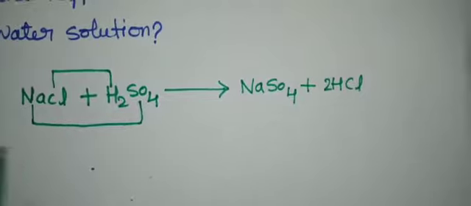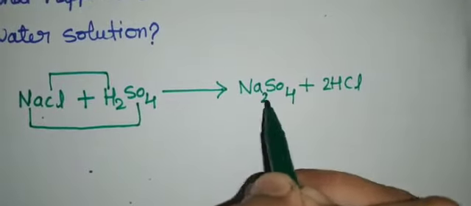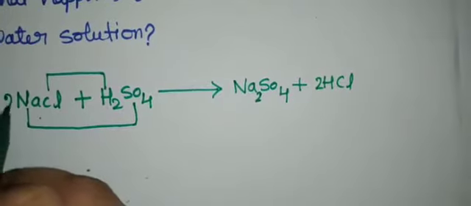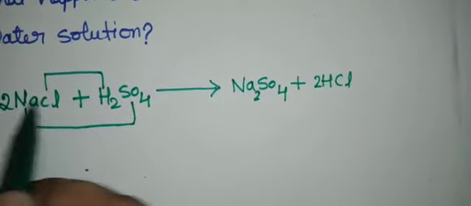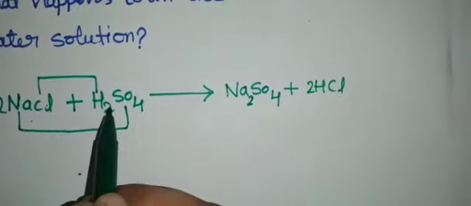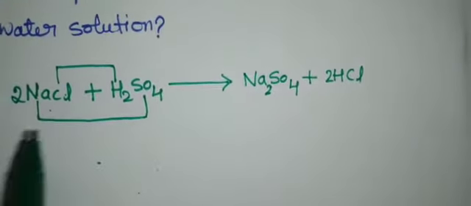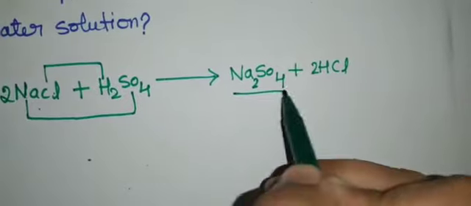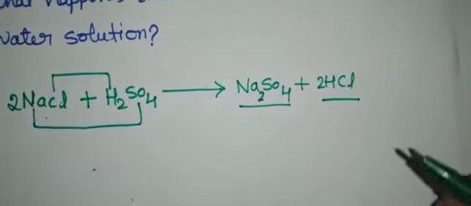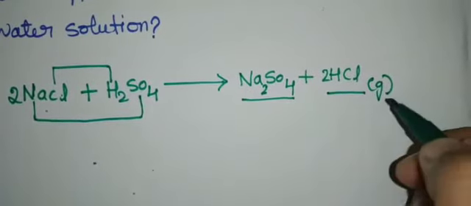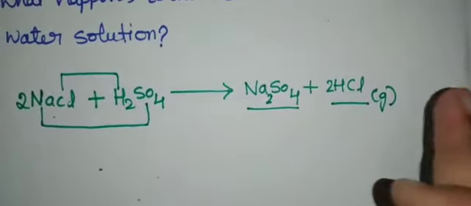That is Na2SO4 and chlorine. If we have 2NaCl, then 2Cl, H is balanced, SO4 is balanced, and sodium is also balanced. So what we got here is sodium sulfate and hydrochloric acid. The HCl is obtained in the gaseous state.